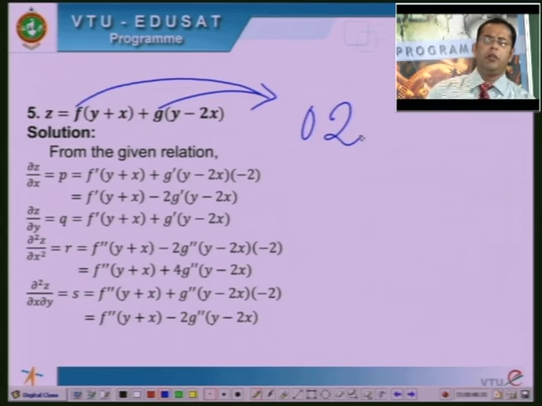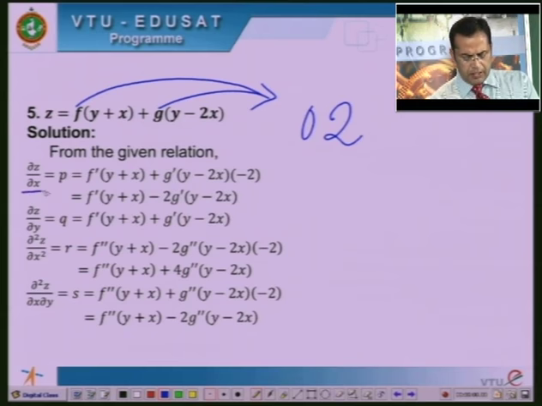Now, there is no harm in calculating all the derivatives; then you can consider only those derivatives which are necessary for the formation and ignore those partial derivatives which become non-essential in the sequence. So, first let us do the differentiation with respect to x.